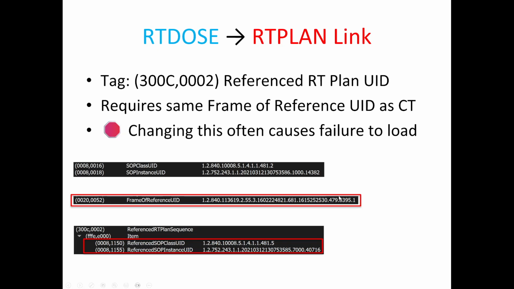So again, we see this is the same frame of reference UID of all DICOM objects, and the RTDOSE will specifically reference the RTPLAN, and this SOP class UID ending in 1.5 always means it's an RTPLAN object, and this 40716 is the specific RTPLAN instance UID.